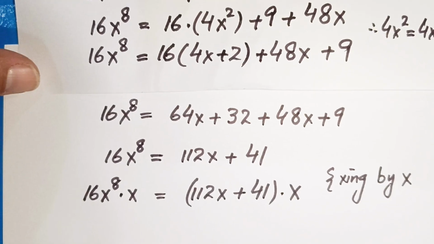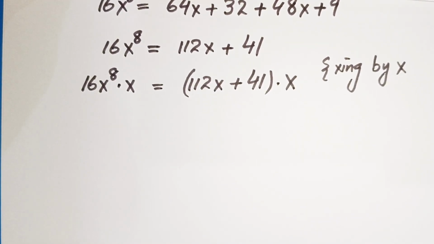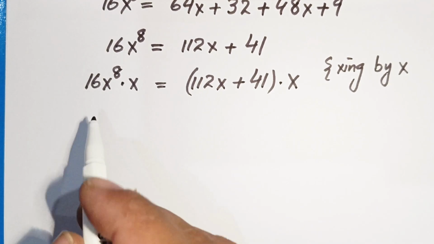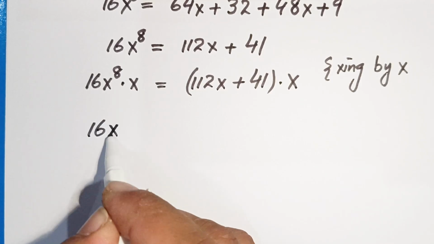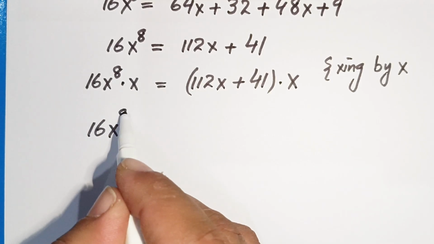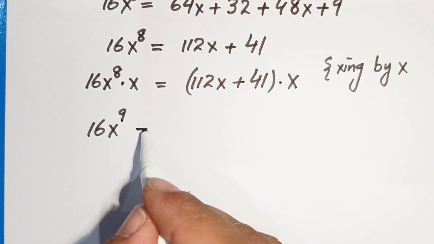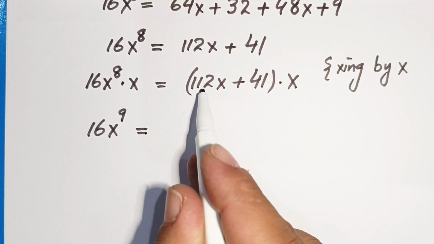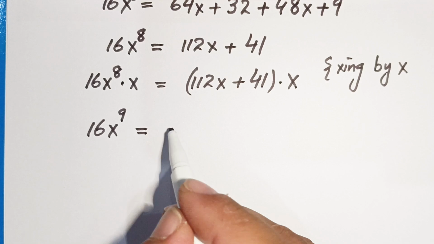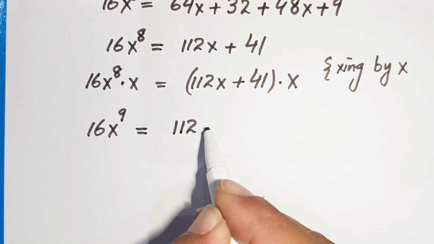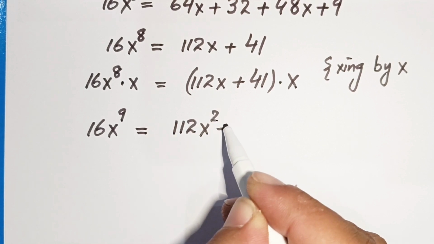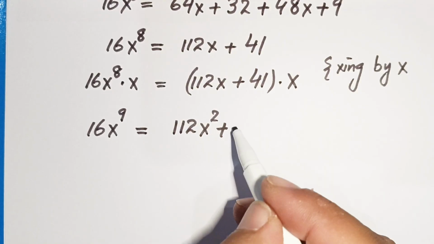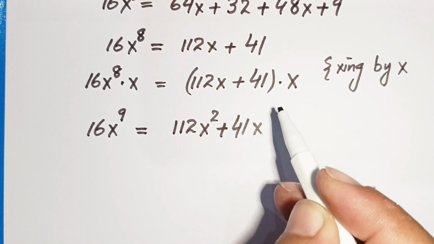Now our left hand side will be 16x to the power 9, and x multiplied by x gives 112x squared, plus 41 multiplied by x is 41x.